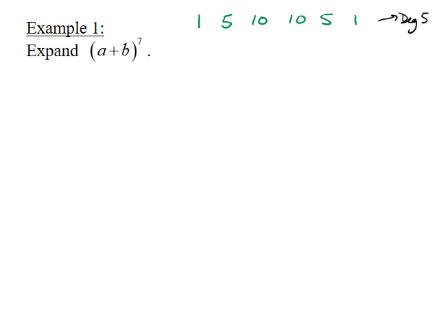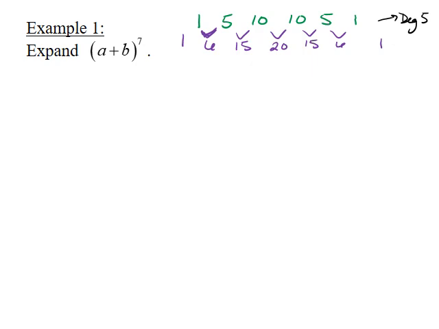So what I can do is I can add 2 more rows to get degree 7, and then I will know the coefficients. So remember, we start with 1, we add. Add to get 6, add to get 15, 20, 15, 6, and 1.